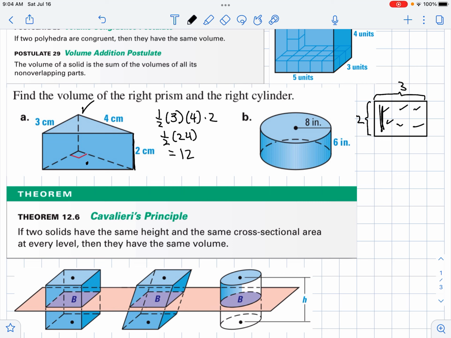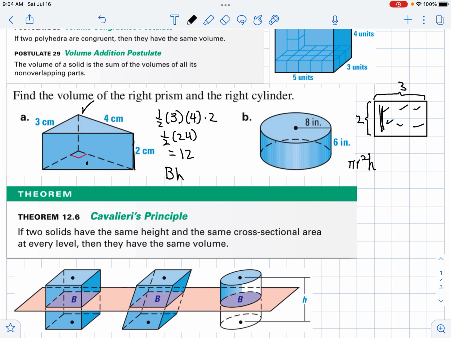Now, it's the same principle over here for the cylinder. This is a right cylinder. What we're going to do is take the area of the base, which is pi r squared, and then multiply by height. So for the prism, we take the area of the base times the height. For the cylinder, we take the area of the base times the height as well.